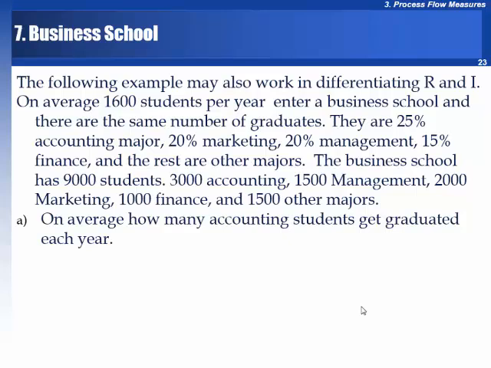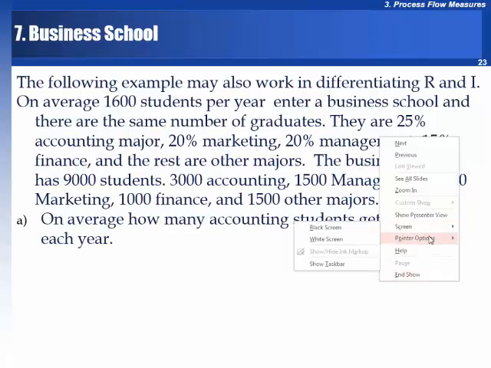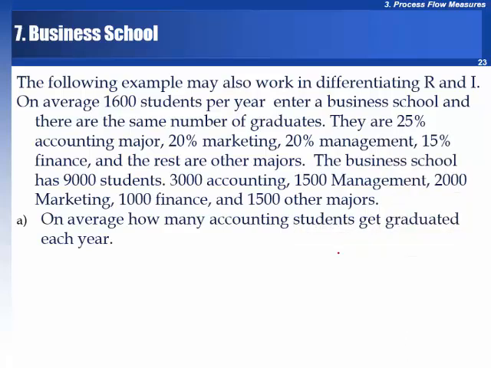Mathematically speaking, they are exactly the same, but the physical instantiations are different. On average, how many accounting majors graduate each year? That is quite simple because the total is 1600, correct? 25% accounting major, right?